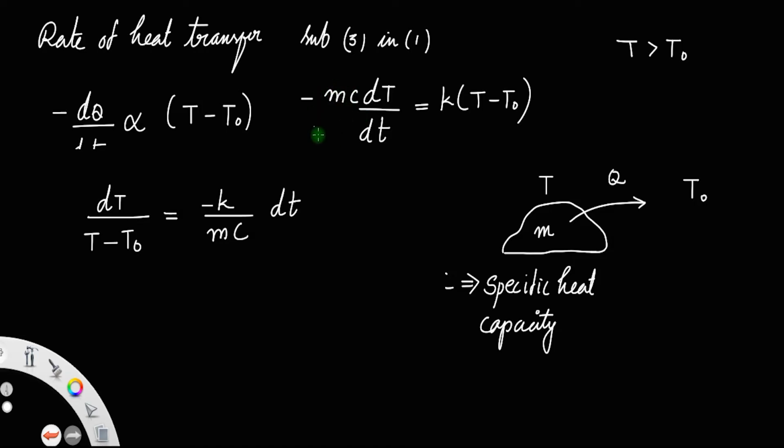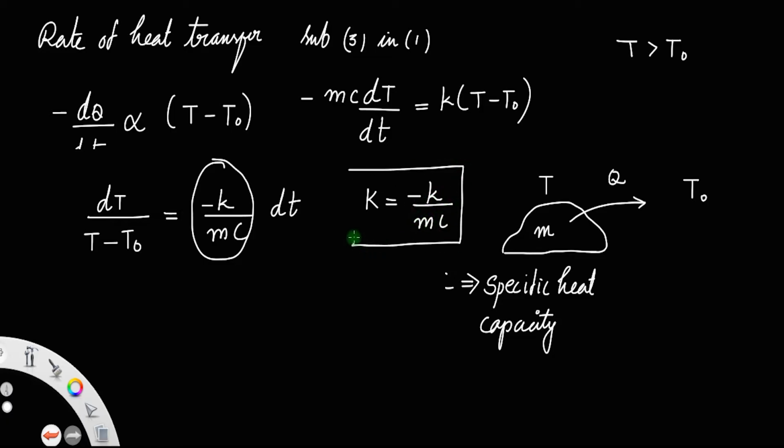Taking all terms other than dt to the right and T minus T0 to the left, the equation will be like this. Now you can call this one as another constant. Let's call that capital K, where capital K is equal to minus k by mc. Now, in order to get the temperature, you must integrate this equation. Let's call this equation number 4.